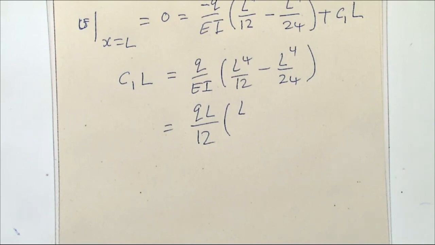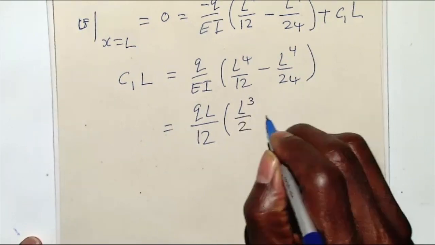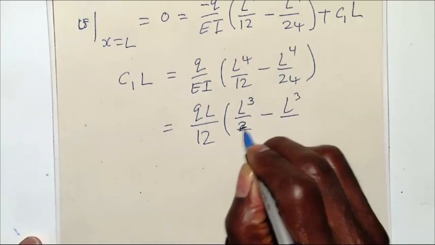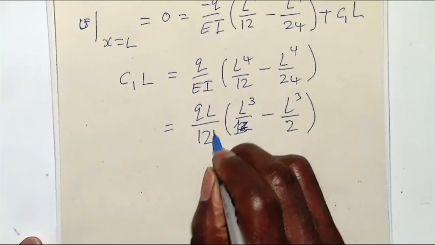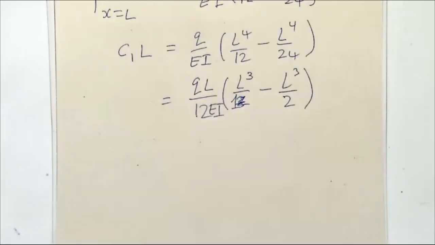So if we were to do that, we will end up with L cube over 1 minus L cube over 2, because we brought a factor of 12 out, EI. And you can simplify that.